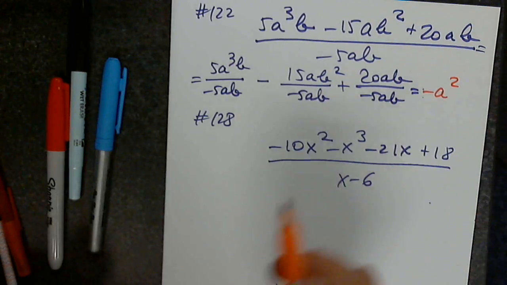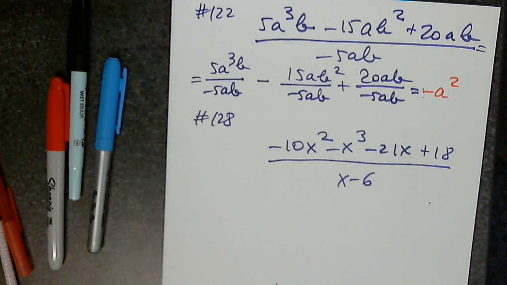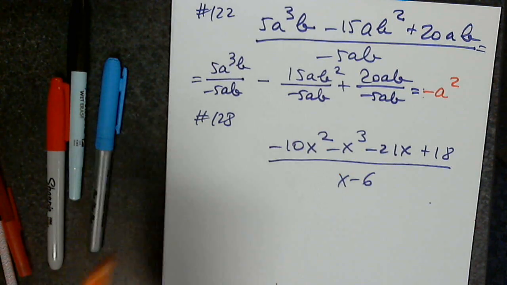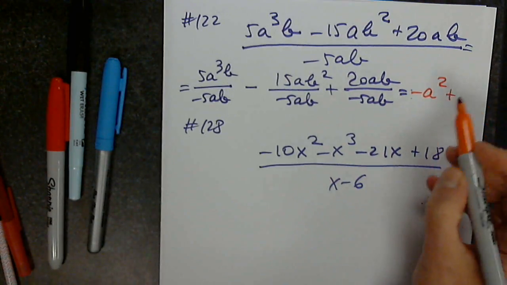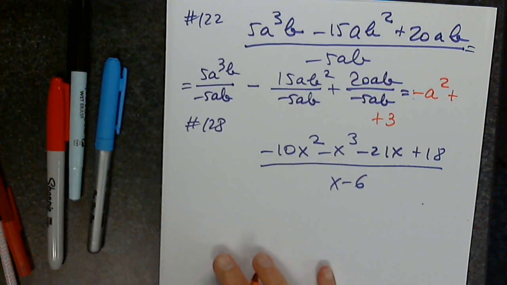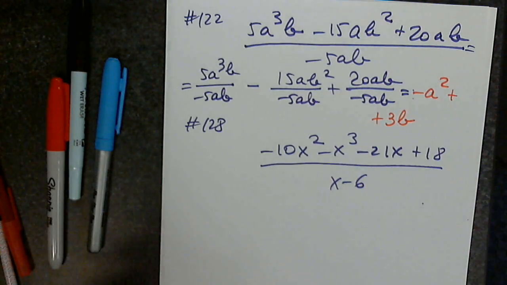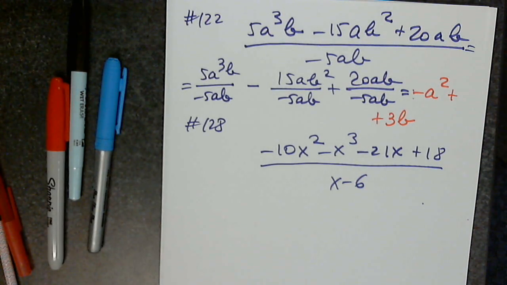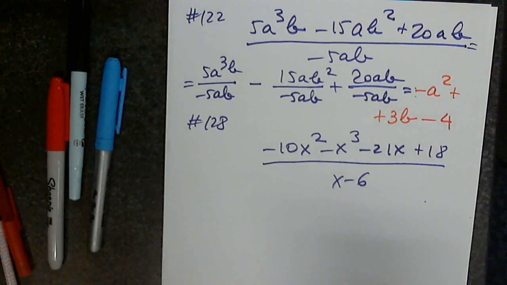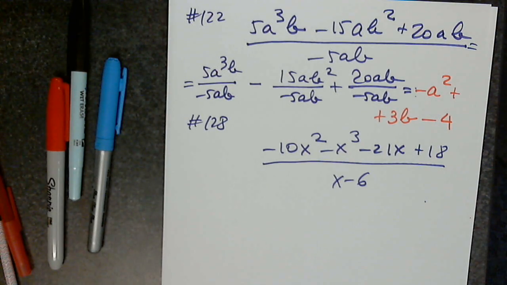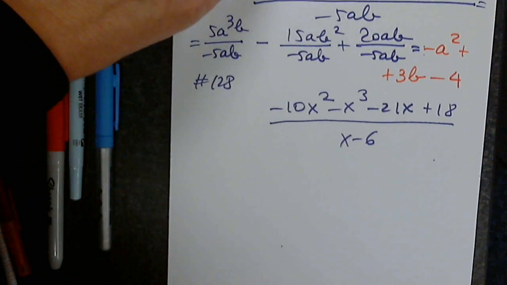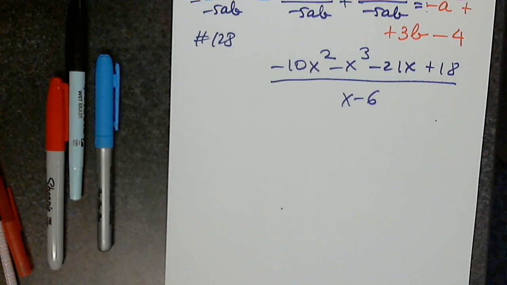I agree. Can anyone simplify the second? There is minus and minus, so plus 3b. And the last one? Minus 4. So the answer for 122 is -a squared plus 3b minus 4. Do we all agree? Okay. Now, last problem for tonight, 128.